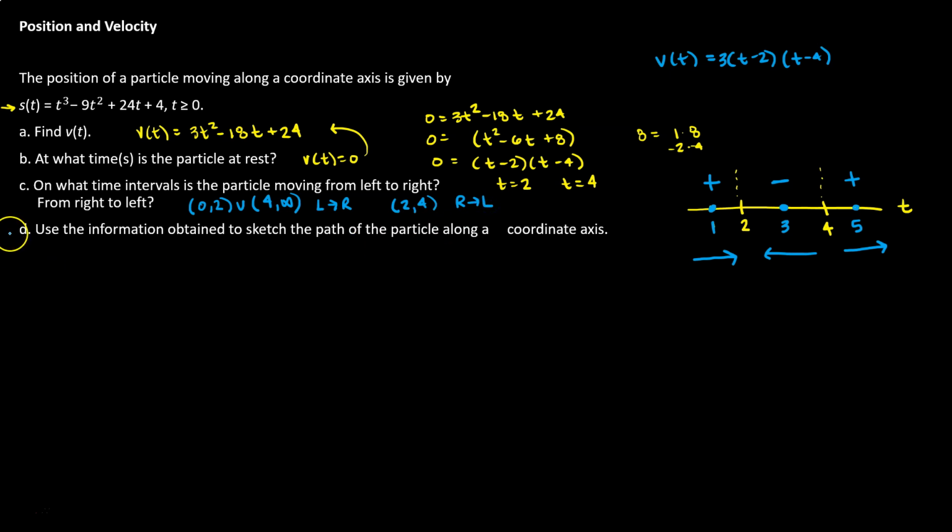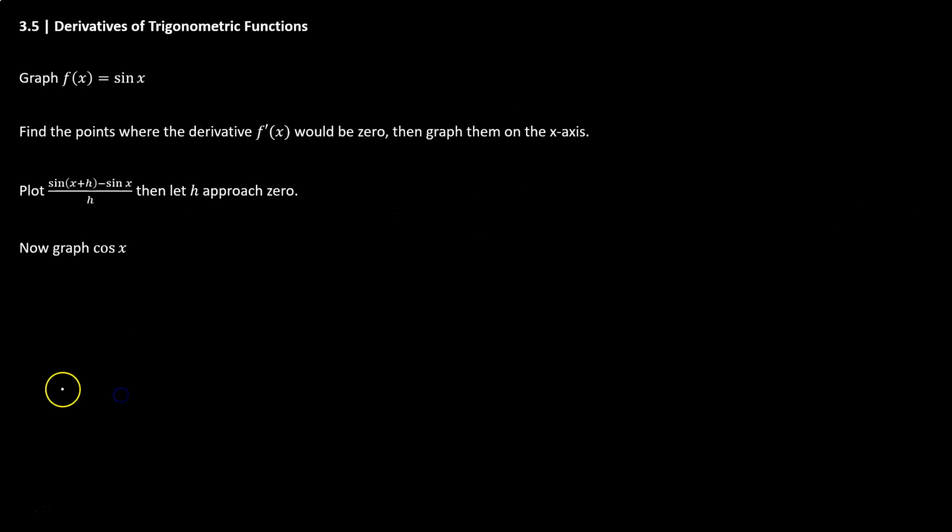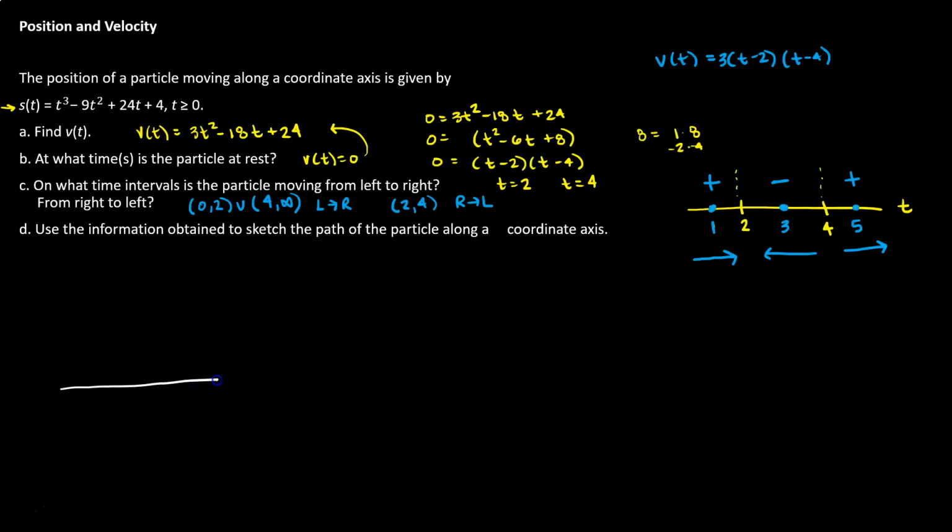The last part of this example asks us to use the information to sketch the path of the particle along the coordinate axis. So if we'd like, we could draw our coordinate axis. Basically just a number line here. And we can use this to help figure out exactly where we are.